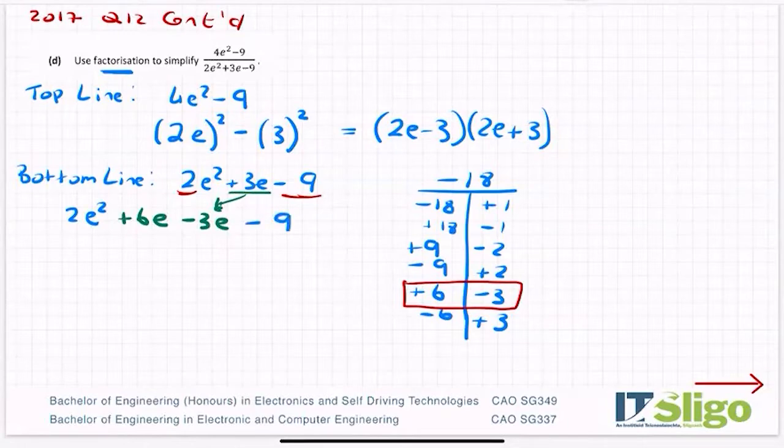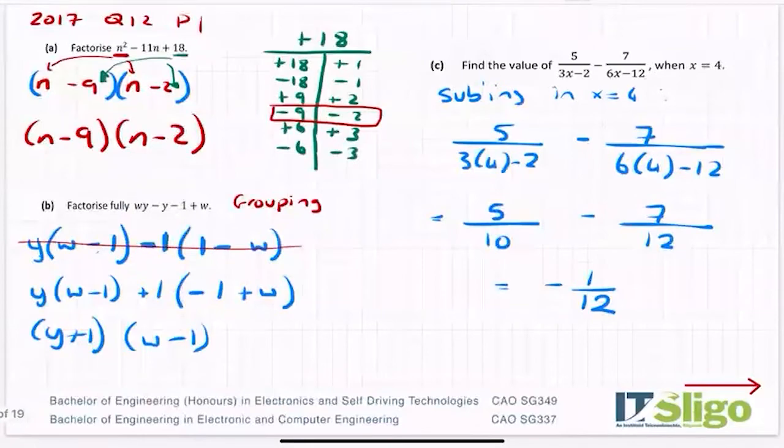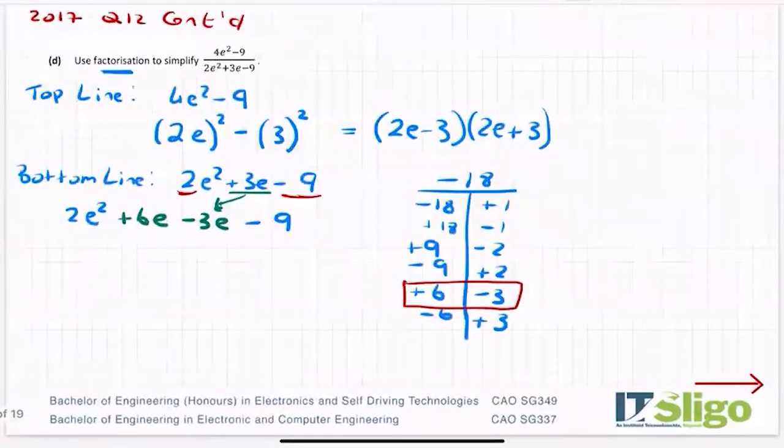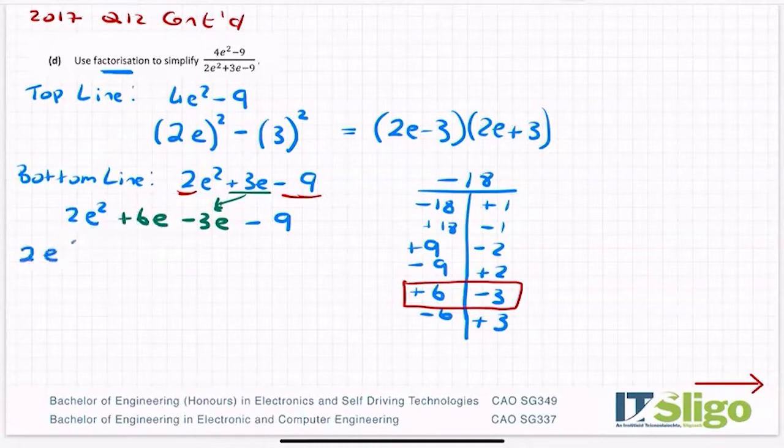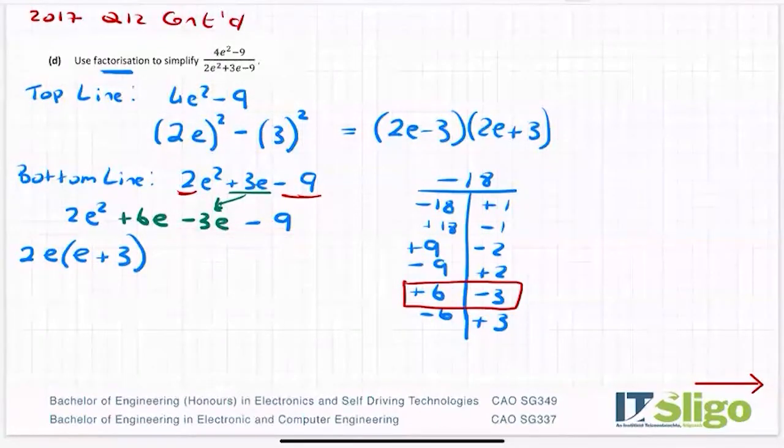So grouping, just like we did earlier here in part B, let's group. Okay, so what's common between 2e squared and 6e? Well, there's definitely the 2 and there's definitely the e. And what's left over? e plus 3. What's common between here and here? Well, it's the minus 3 and then e.